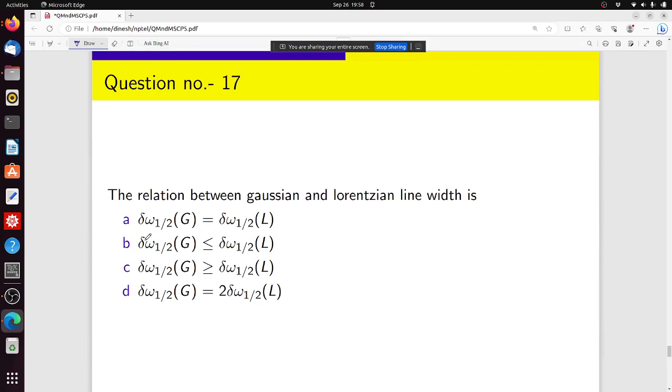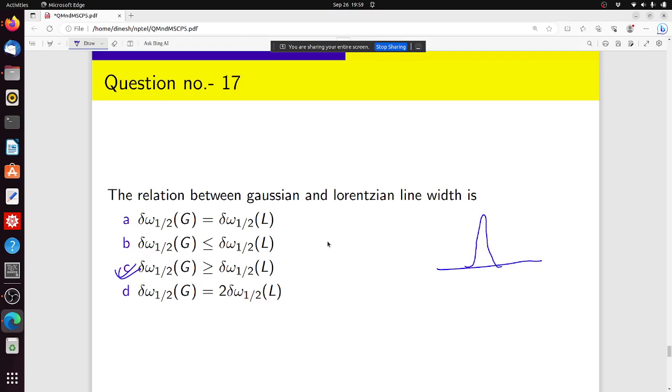The relation between Gaussian and Lorentzian line width is which one? Option C. Yeah, correct. See, the Lorentzian line shape only depends on intrinsic property, so it will be more spiky.